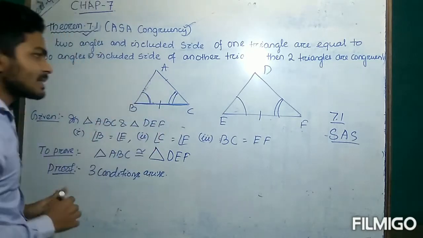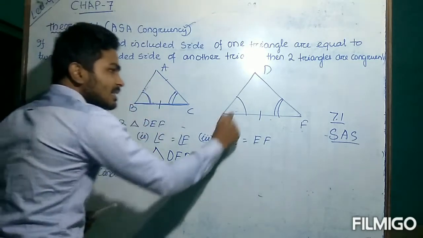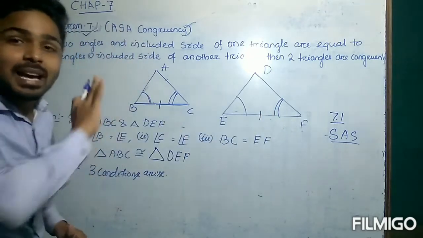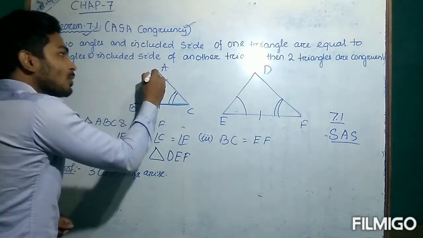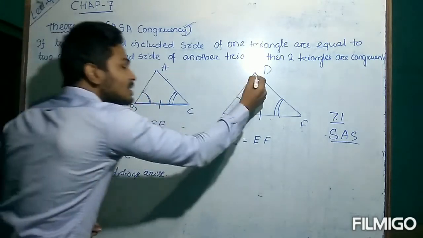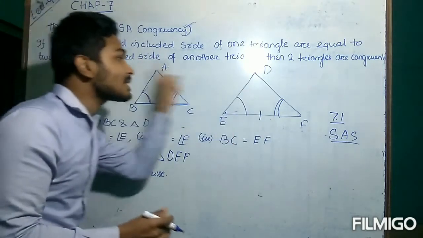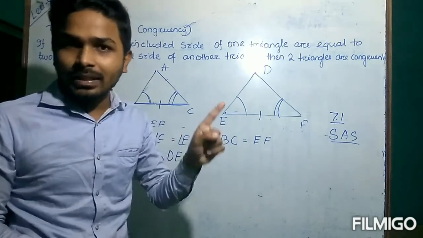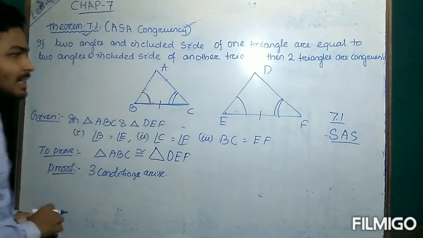The first condition is that this angle is equal to this angle and this side is equal to this side, but there is no condition about whether this side is equal to this side, or less than, or greater than this side. So there are three conditions that arise.